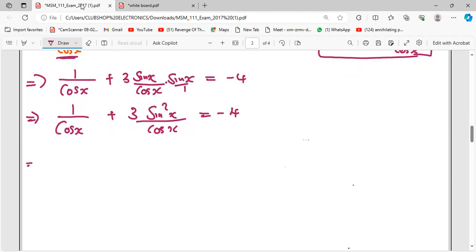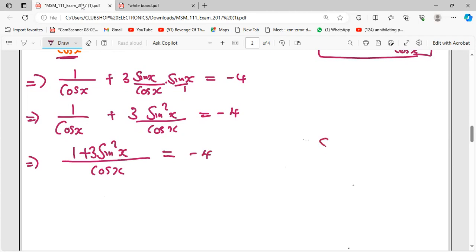Right? Our denominator is cos x, so we can take it and add the numerators: 1 plus 3 sin squared x, all over cos x, equal to negative 4.